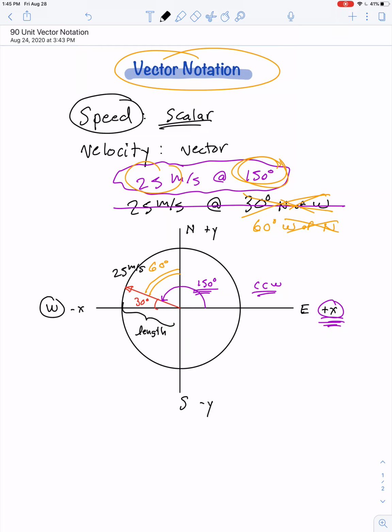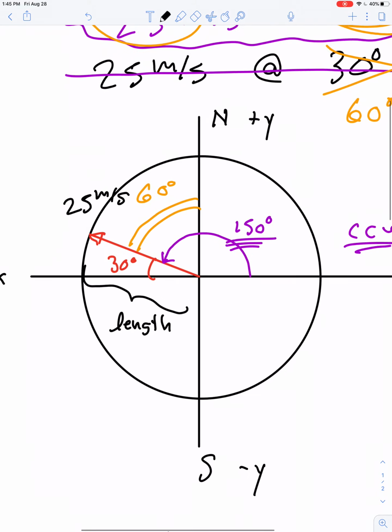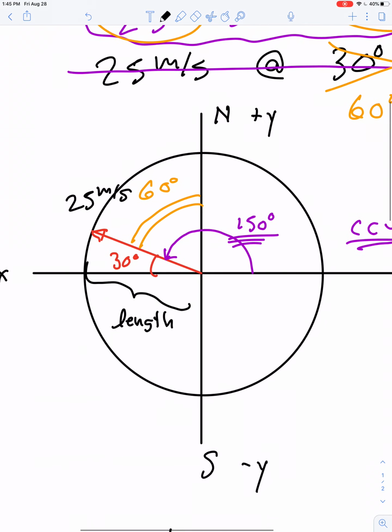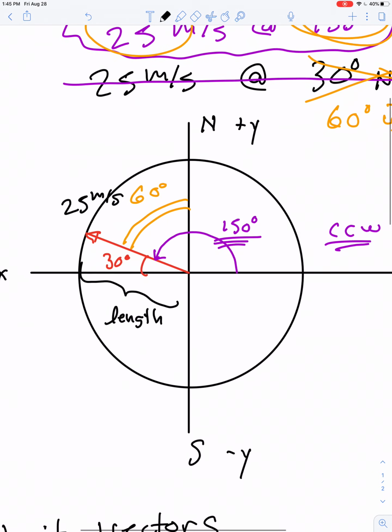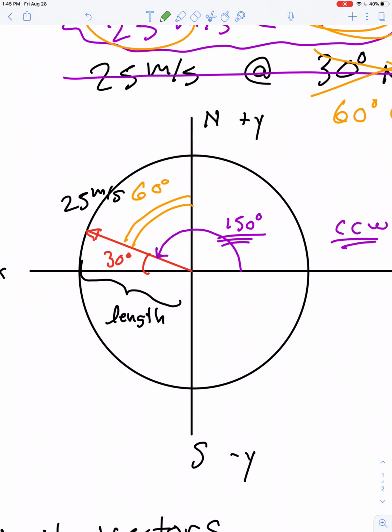The other option is what's known as unit vector notation, and I believe I covered this briefly in a previous lesson. If we zoom in, we can see that this vector points somewhat westward and somewhat northward. So I can represent the westward component of this vector.